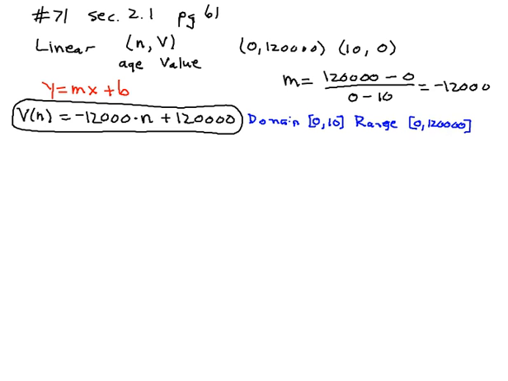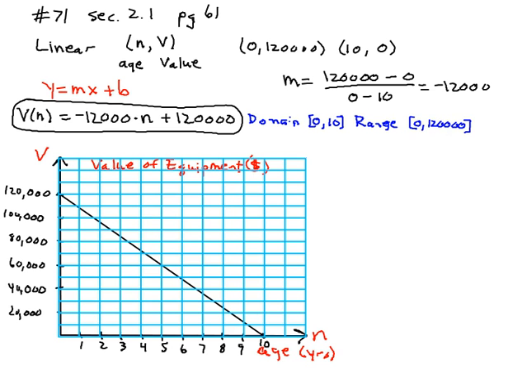Okay, now I'm going to create my graph. Notice that on my horizontal axis, that's my input variable, represented by the letter N, the age in years. I've calibrated that axis from 0 to 10.